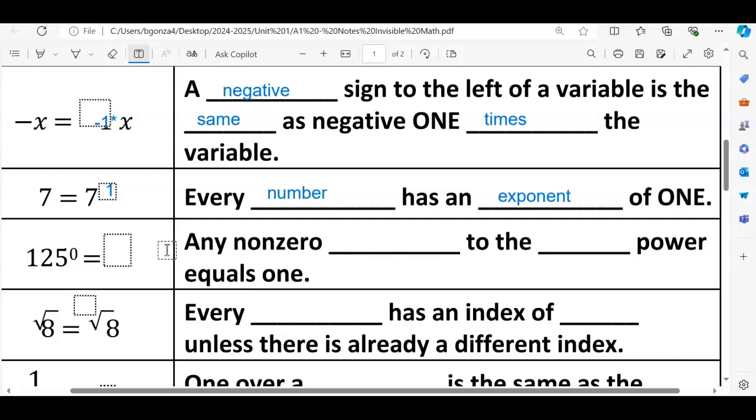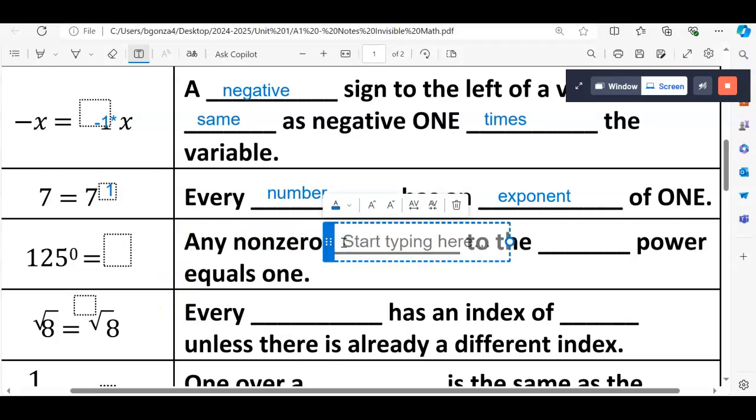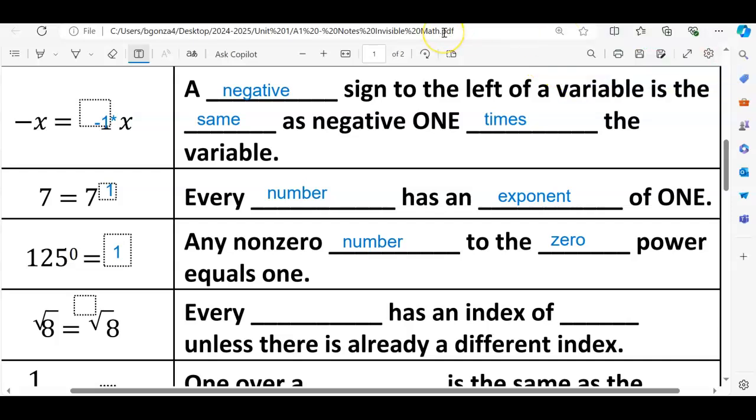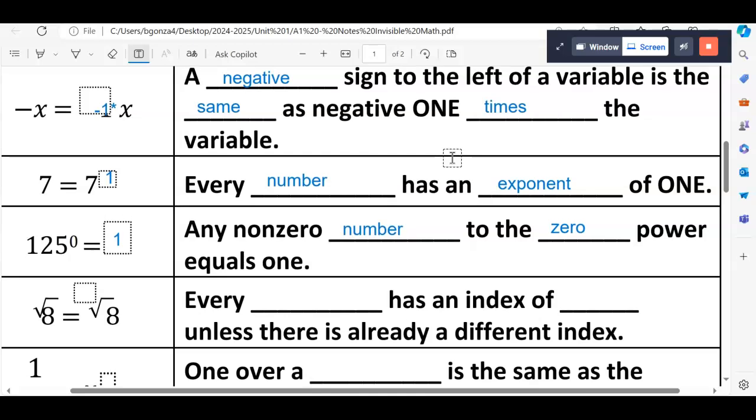A billion to the power of 0 is 1. Okay, so that's kind of a weird one. You got to know. So any non-zero number to the 0 power is equal to 1. Ta-da!